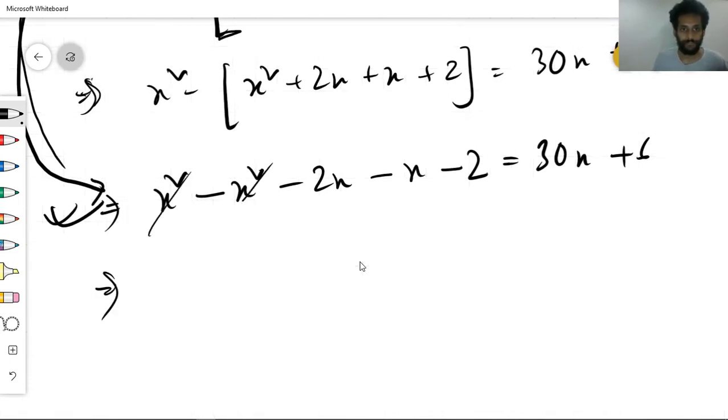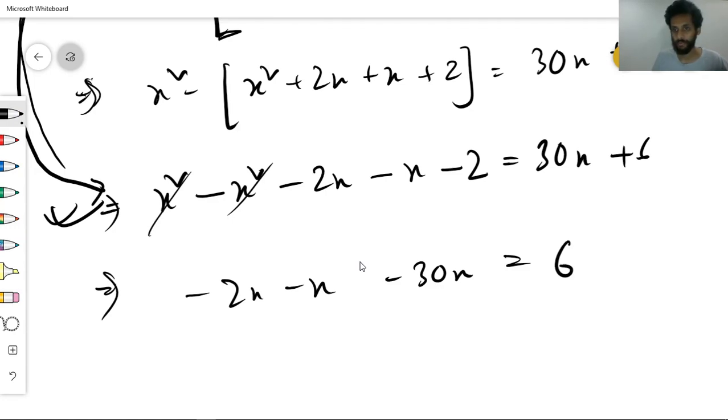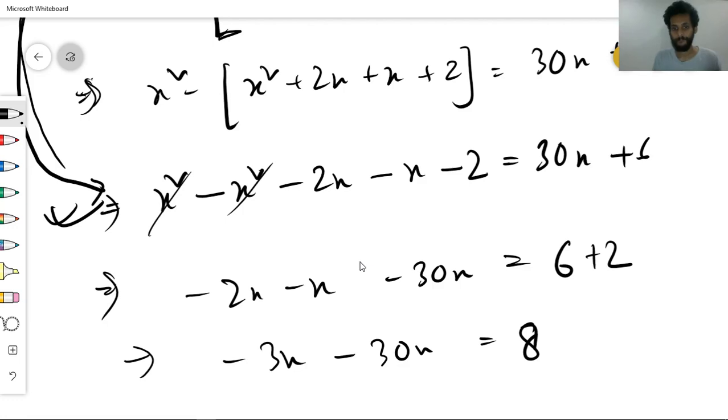Okay, down here it is minus twice x minus x, here 30 is there, so minus 30 will be coming here. Here nothing is there, so then 6 is already here, so 2 will be going here, so this is 2 here. Minus 3x minus 30x is equal to 6, 7, 8.